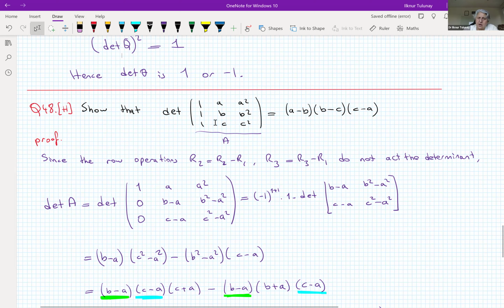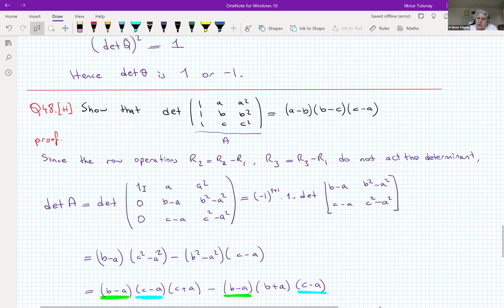So this is 0. I'm doing the minus of this. So B minus A, B square minus A square. This is B square minus A square. This is 1 minus 1, 0. This is C minus A. That's C square minus A square. Now I'm going to expand with respect to this entry.